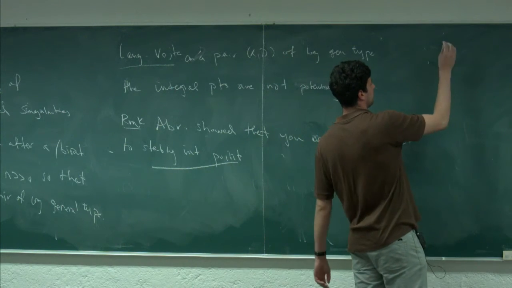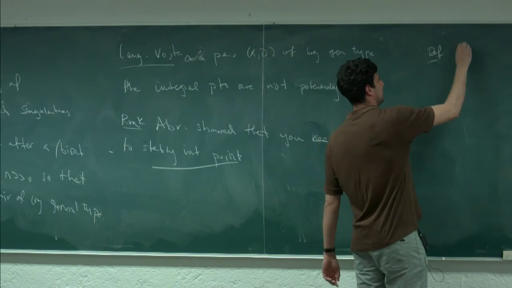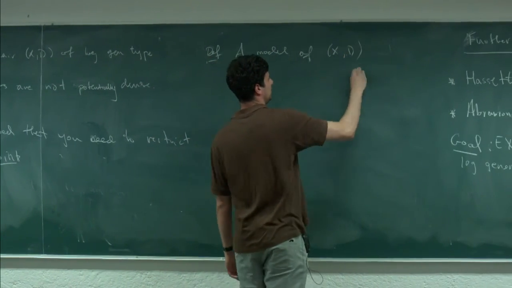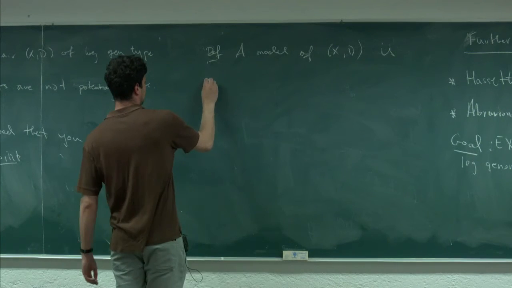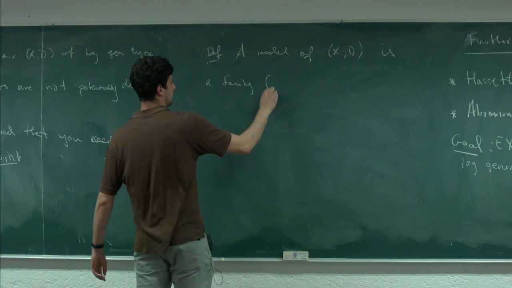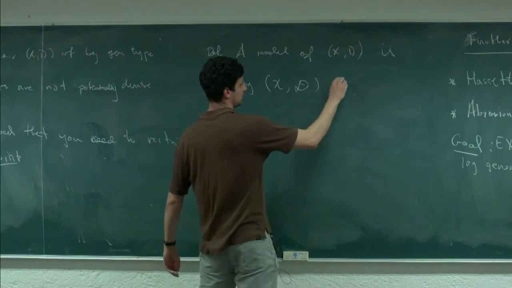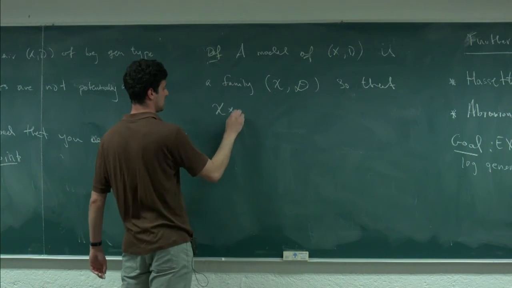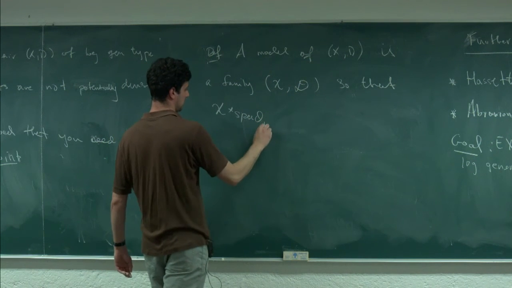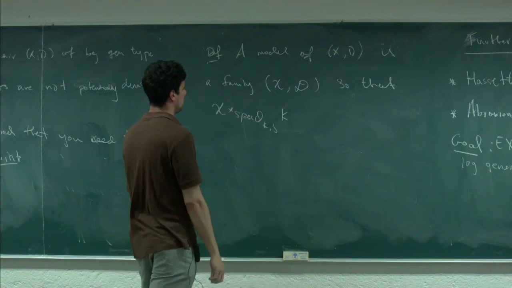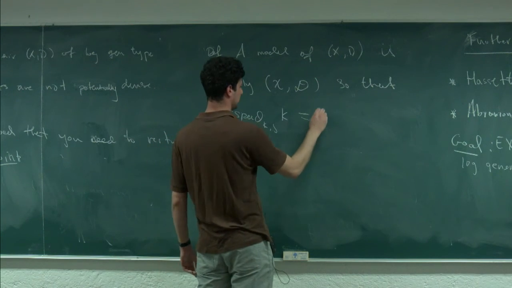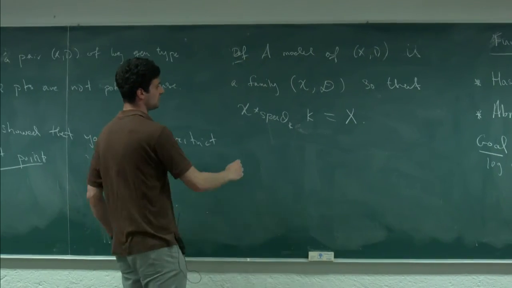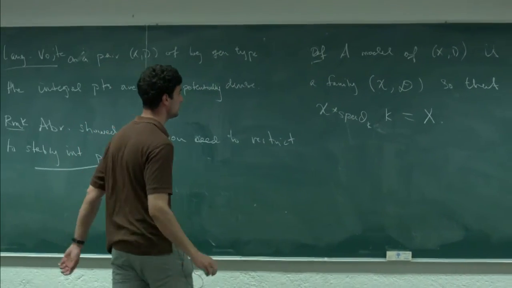So a model of a pair (X, D) is a family (X, D) so that the general fiber is equal to X, and the same thing for D. So this is what a model is. Now, an integral point.